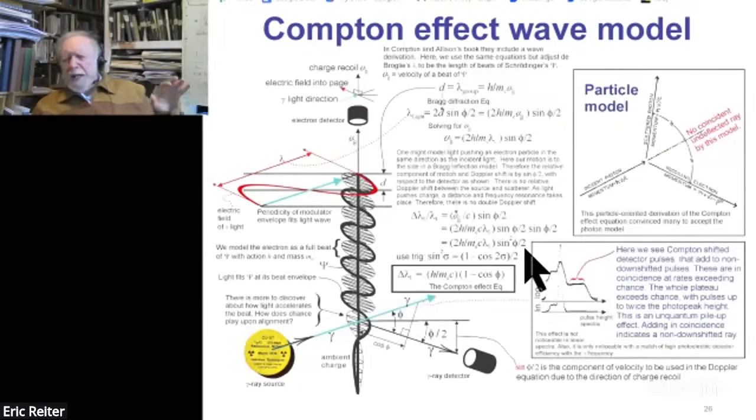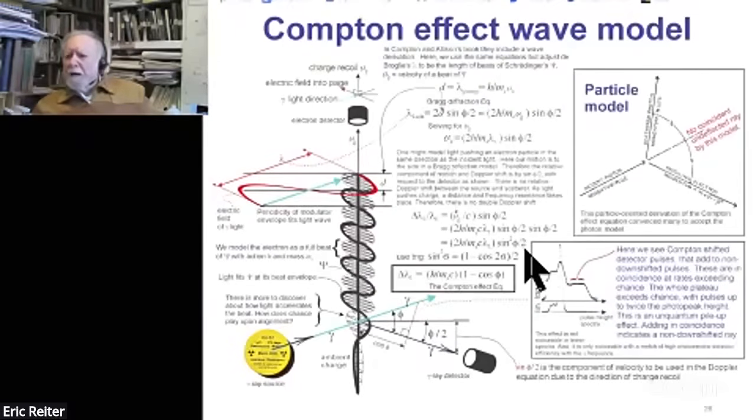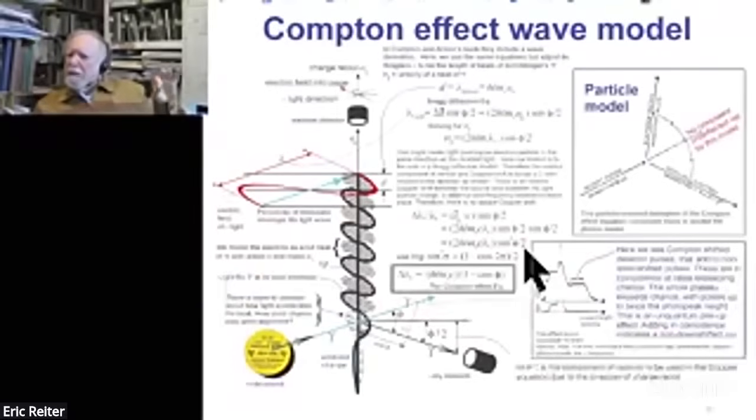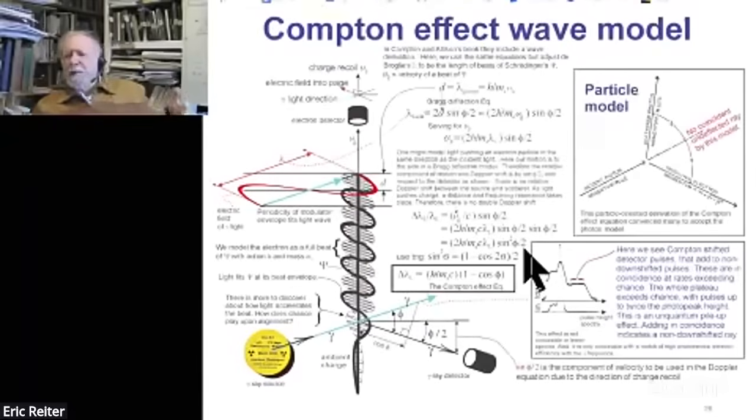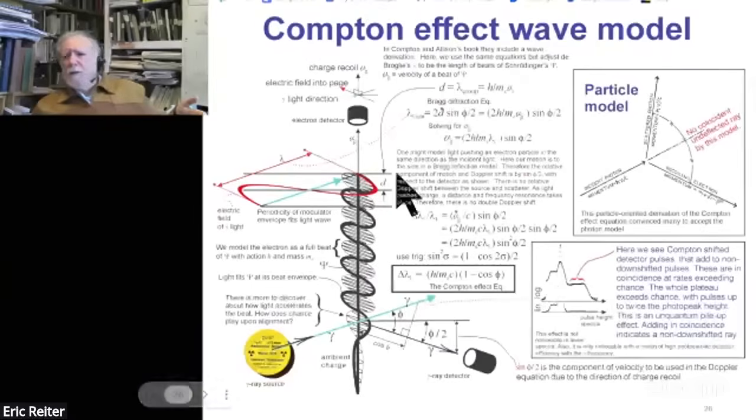So now we're ready to start to look at the Compton effect and understand what the charge wave, the matter wave, is that we're interacting with, that it has some kind of a beat idea. So I'm just using it.